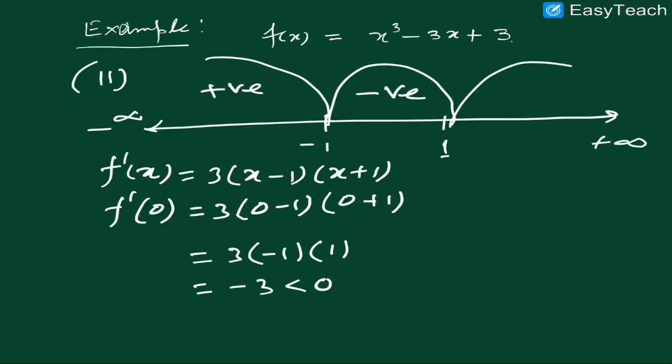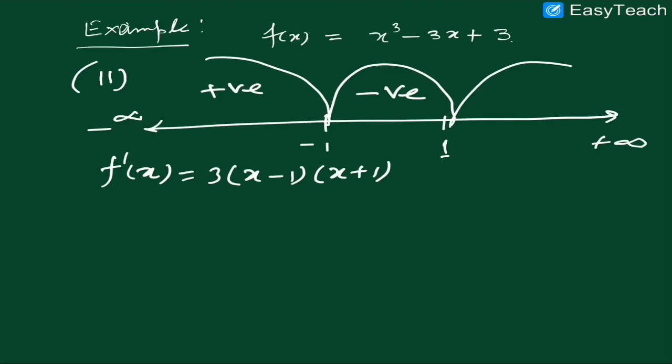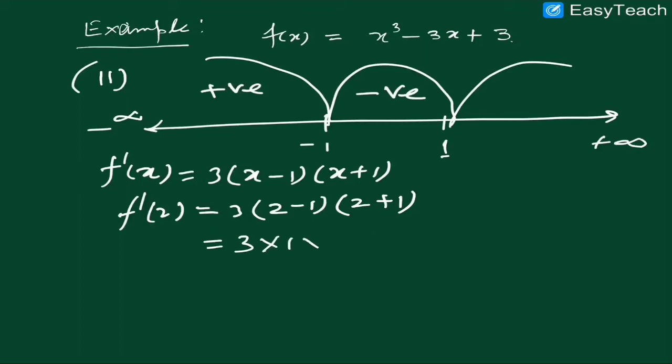To check the sign of f dash x in the interval 1 to plus infinity, we take x equal to 2. Therefore, f dash 2 is equal to 3 into (2 minus 1)(2 plus 1), equal to 3 into 1 into 3, equal to plus 9, which is positive. Therefore, the sign in this interval is positive.